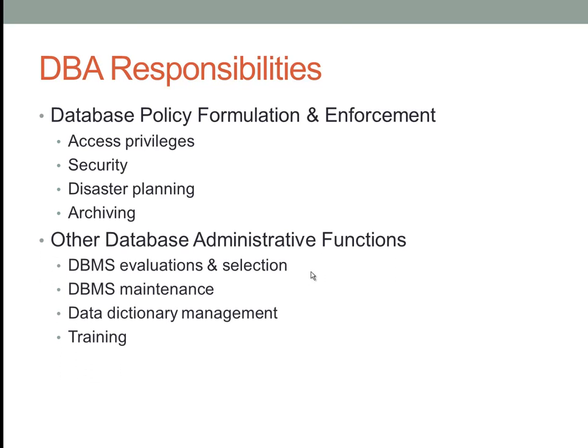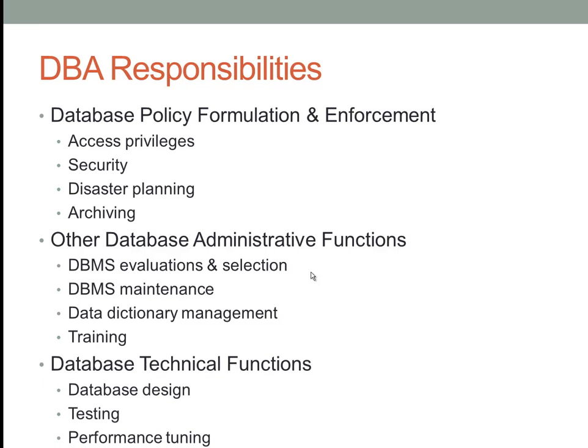In the area of other database administrative functions, this chapter will go over DBMS evaluation and selection, DBMS maintenance, data dictionary management, and training. And in the area of database technical functions, this chapter will discuss the DBA's role in database design, testing, and performance tuning.